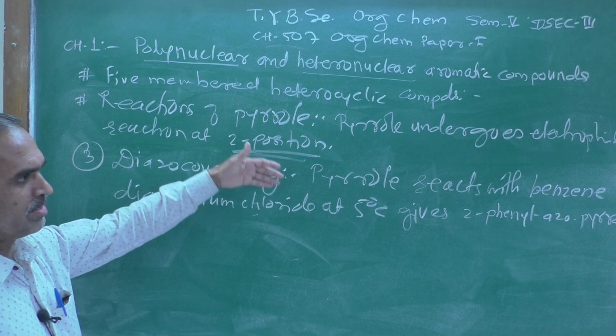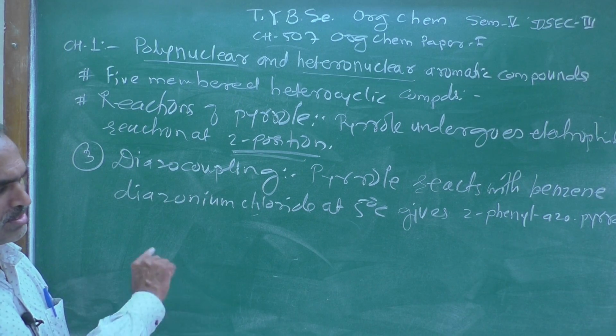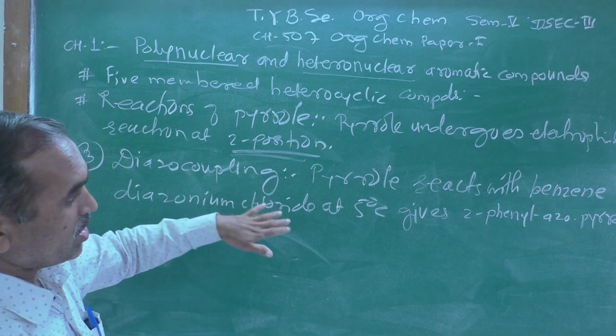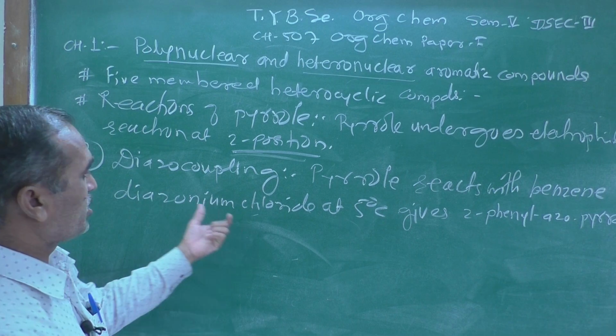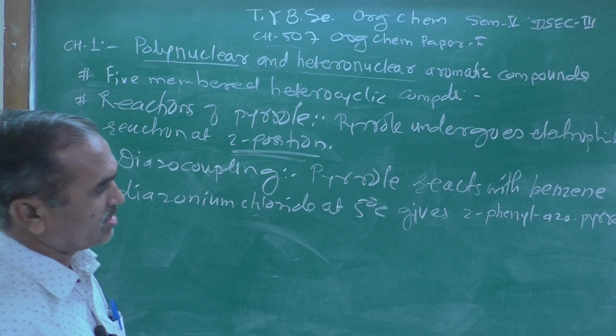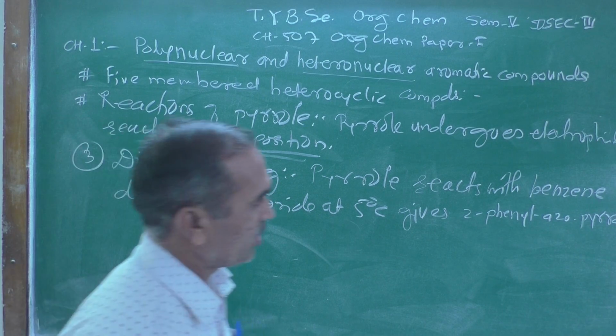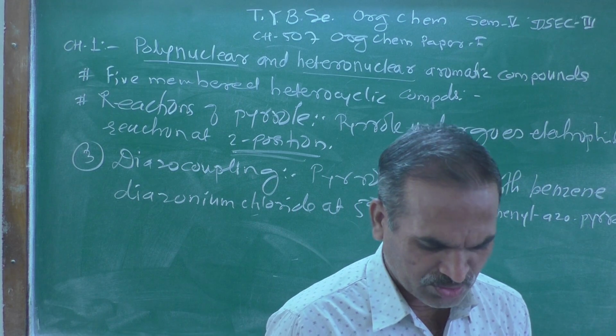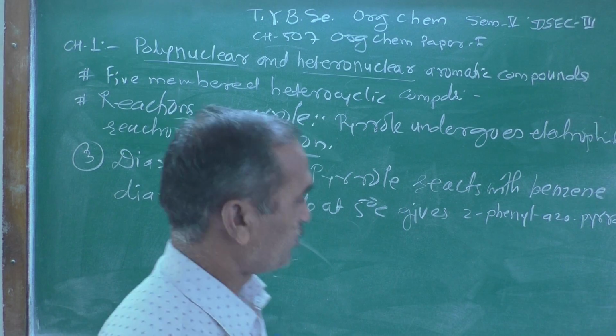Even though you write it, or you can represent only as a reaction, it is one and the same thing. Pyrrole reacts with benzene diazonium chloride at 5 degrees centigrade gives 2-phenyl azopyrrole. So that is the product which we are going to get over here.